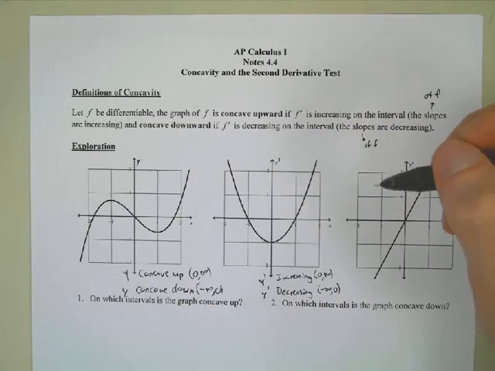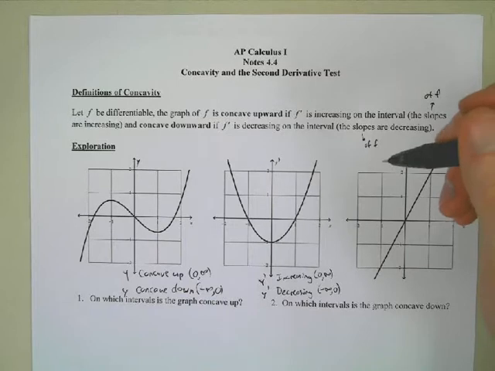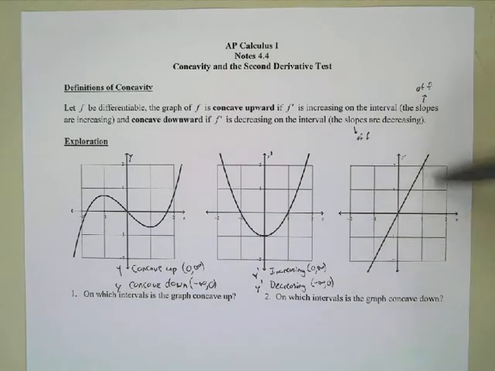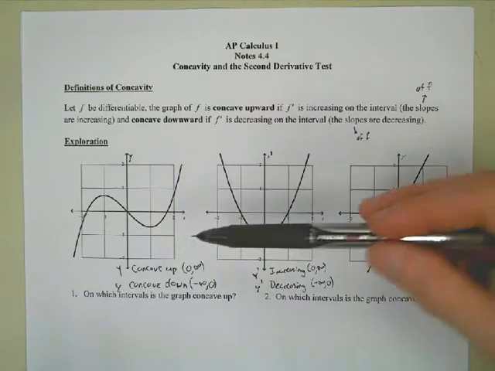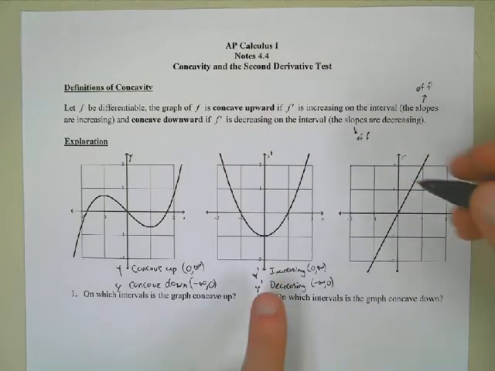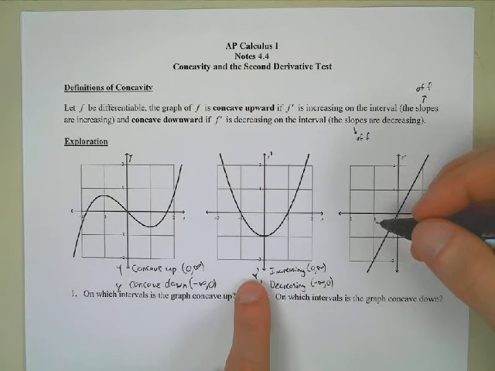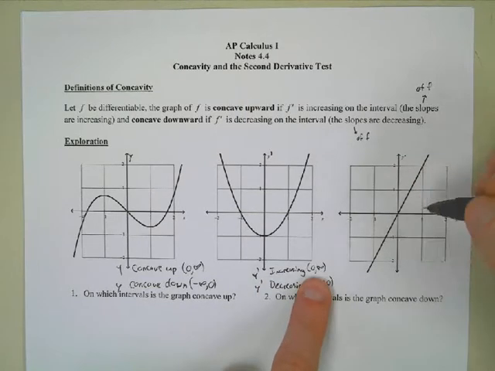Okay? Now, why did I give this graph of y prime prime here? Well, the second derivative further relates back to these two as well. So, for example, we said here that y prime was increasing from 0 to infinity. What's happening here from 0 to infinity? What's positive?